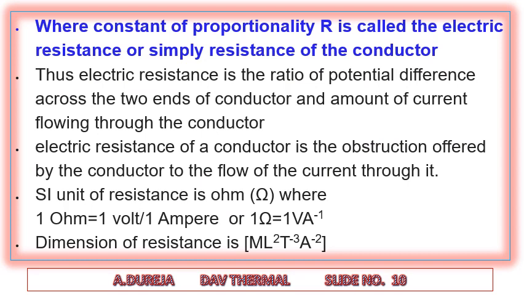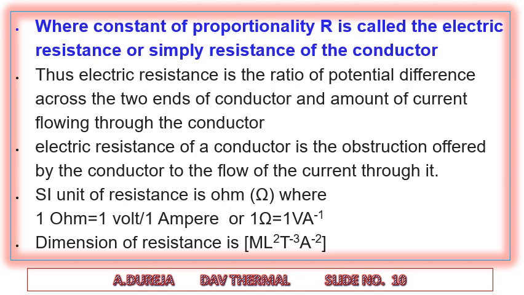where the constant of proportionality R is called the electric resistance, or simply resistance. Electric resistance of a conductor is the obstruction offered by the conductor to the flow of current.